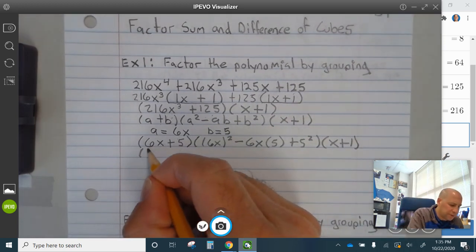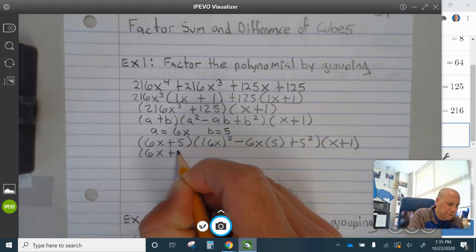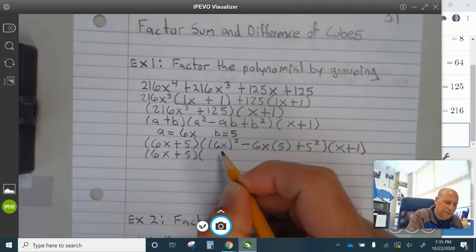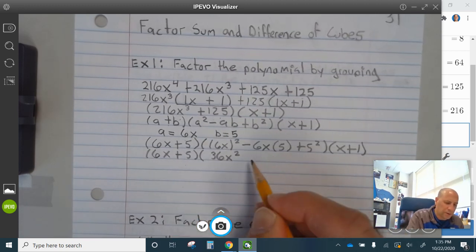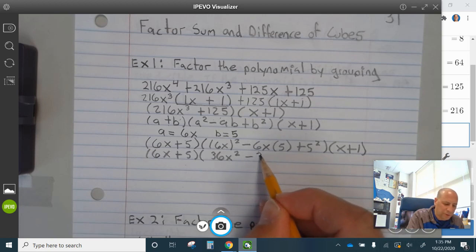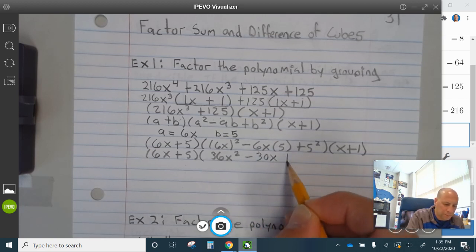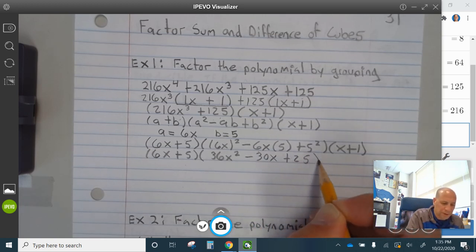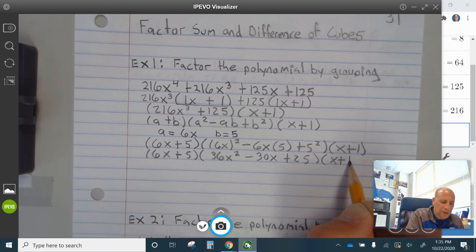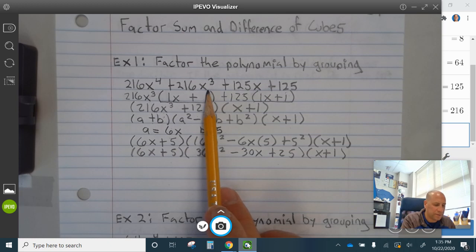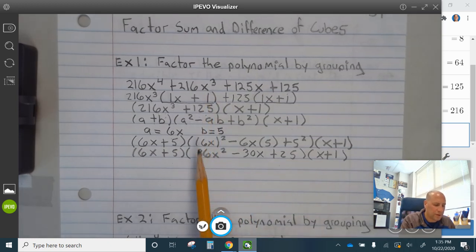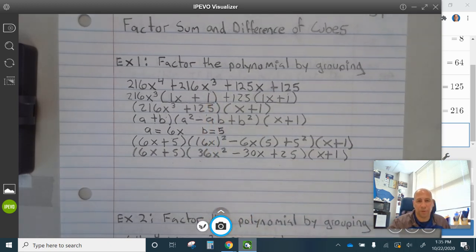So now this is 6x plus 5 times 36x squared minus 30x plus 25 times x plus 1. Now, if this is the correct factored form of this, then when we graph this and this, they'll overlap. So let's do that now.